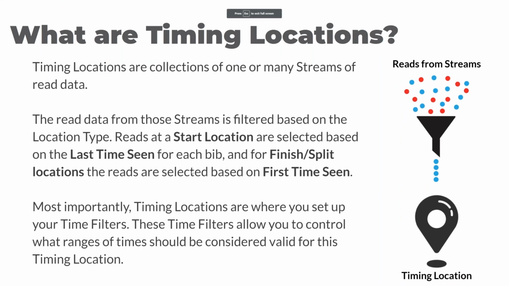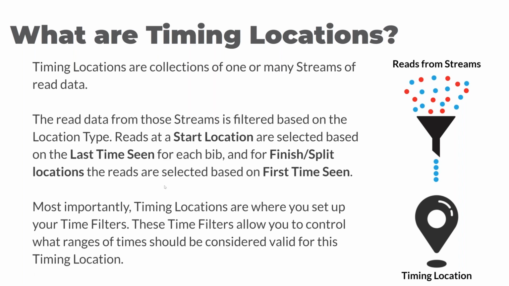The read data from those streams is filtered based on the location type. So if you have a start location, we select the last time seen for each bib, and for finish or split locations, the reads are selected based on the first time seen. Most importantly, timing locations are where you set up your time filters.